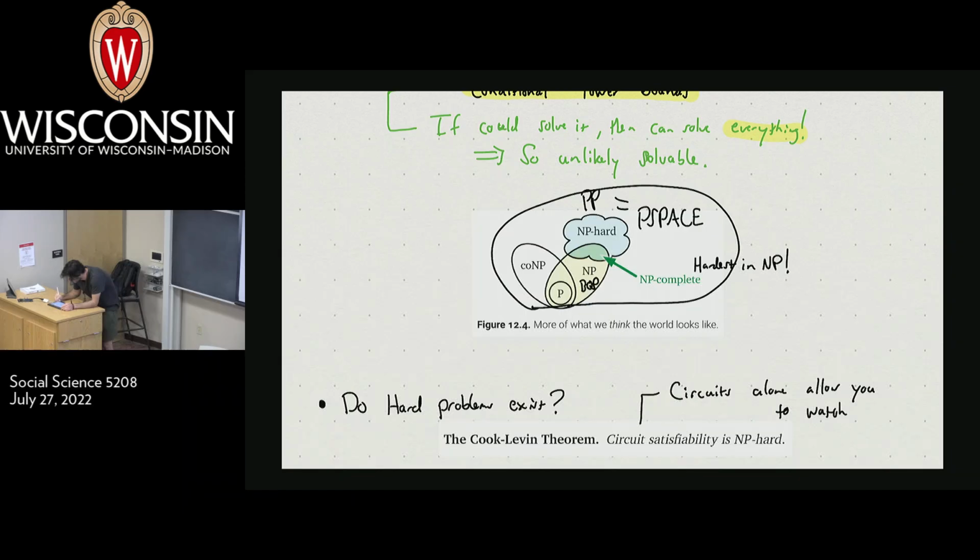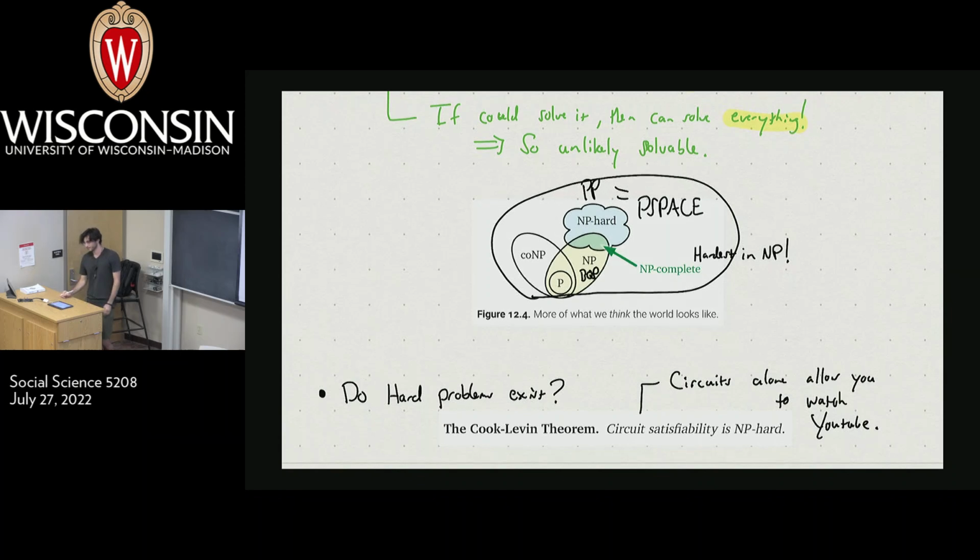Watching YouTube is not easy. There's so many pixels and streaming and stuff. It's really complicated. So intuitively, just from our everyday life, it should make sense that this would be an NP-hard problem because we can represent almost any function using a circuit if it's complicated enough.